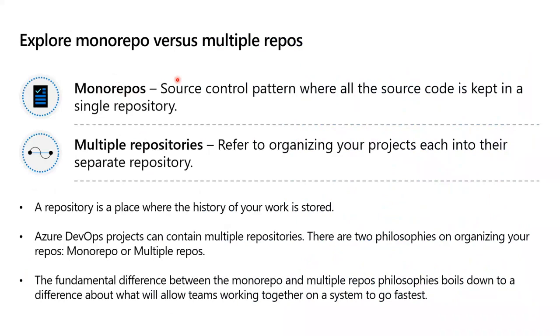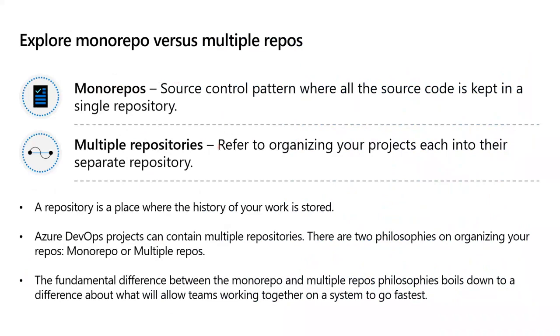Monorepo essentially means that all of the source code is kept in a single repository. This is not strict, but it can be seen as a monolithic application. Or why not have multiple repositories where each repository triggers its own pipeline? Or actually, each repository could be the code of a microservice.